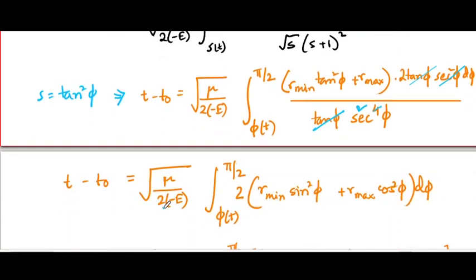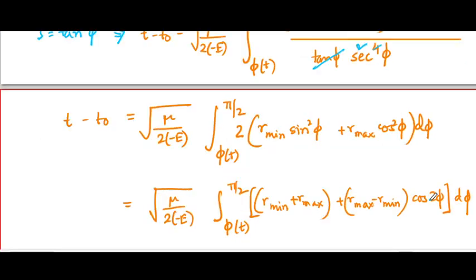T minus T0 is, apart from this factor, you have twice, which is nothing but this 2, r min sin square phi plus r max cos square phi, integrated with respect to phi. A very simple integral to calculate actually. Of course, this should not be a surprise. We had already figured out that this potential can be solved using circular functions. The integral can actually be evaluated exactly.